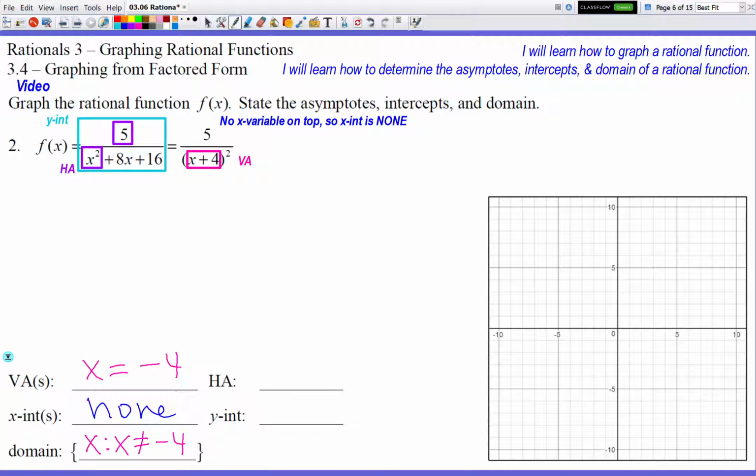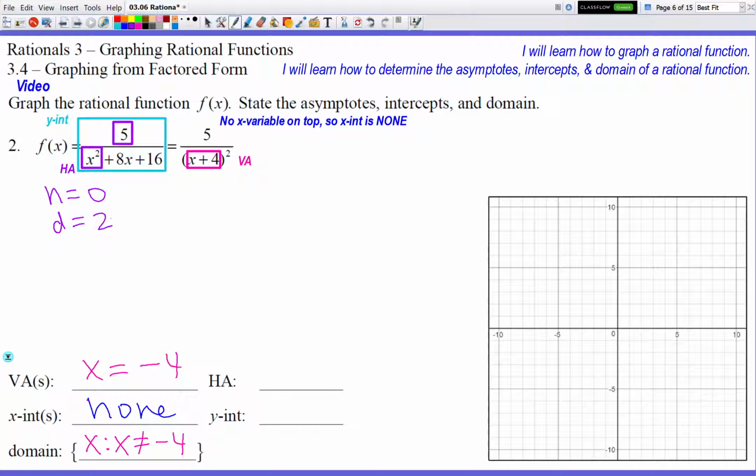So we're going to look at the biggest power on the top. And let's change it to purple. The biggest power on the top, actually there's no x. So since there's no x, your power on the top is 0, because the x is gone. The only way the x can be gone is if the power was 0. And your biggest power on the bottom, look at the purple box, that's going to be a 2.